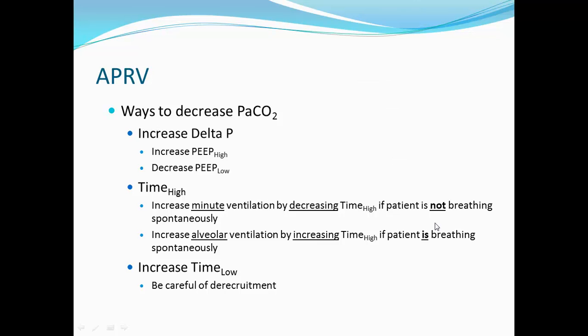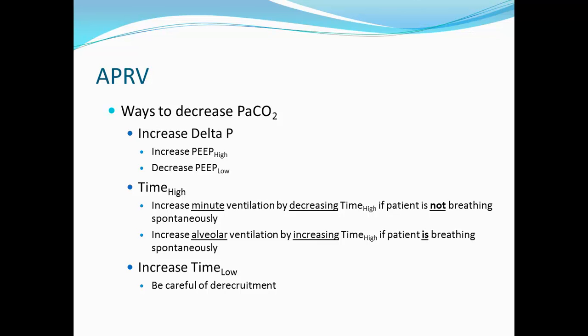So if the patient's not breathing spontaneously, we can decrease time high to allow more releases and a higher minute volume. If the patient is breathing spontaneously, we increase time high to increase the mean airway pressure, to recruit more alveoli, increase the surface area of the alveolar capillary membrane, and increase alveolar ventilation.